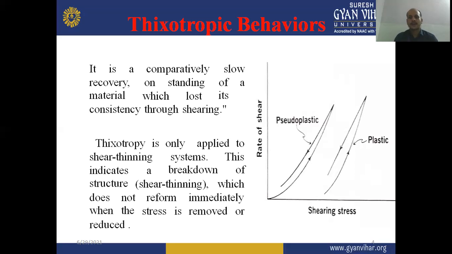Newton's law of flow is given as the rate of shear is directly proportional to shearing stress, and viscosity can be represented by the poise or centipoise unit. The liquids which obey Newton's law of flow are known as Newtonian liquids, whereas the liquids, materials or fluids which do not obey Newton's law of flow are known as non-Newtonian liquids.